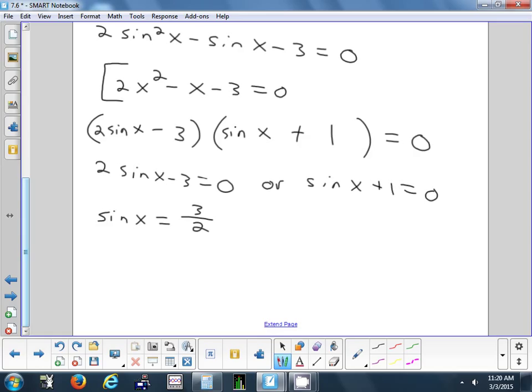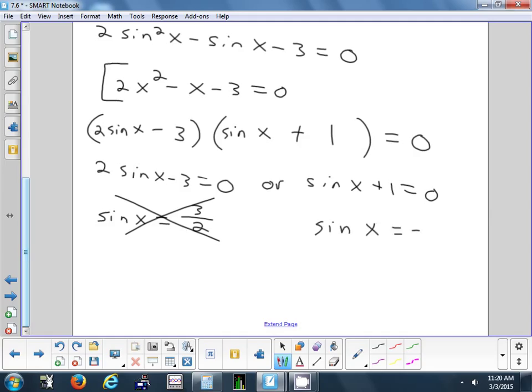Yeah, it wouldn't. Sine only goes up to 1. So your next step would have been to try taking the inverse sine of each side, but that's not going to work. Sine doesn't go up to 1.5. So from this part, you don't get any answers. Okay, we still have to look at the other part.